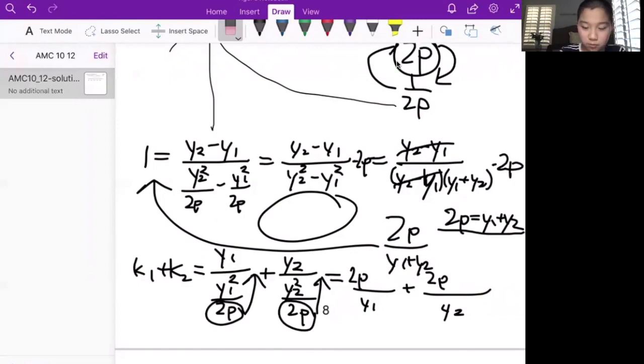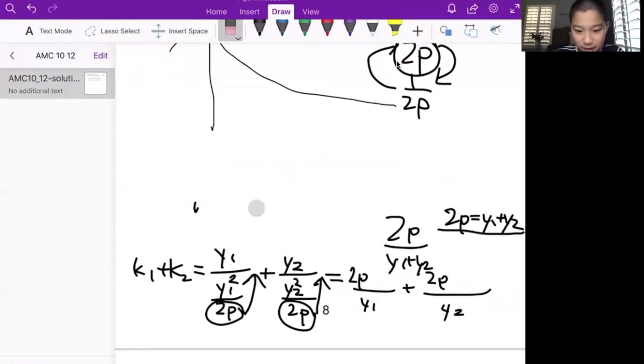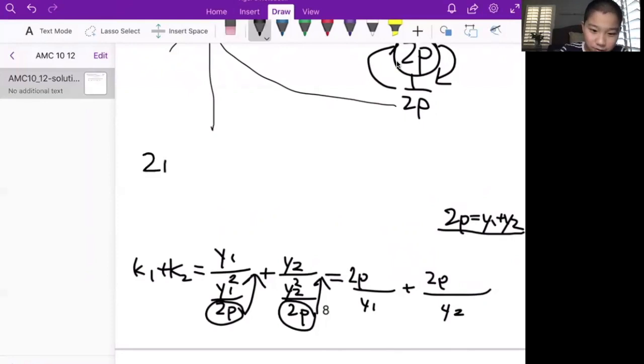So that's equal to, let's clear all of this and just keep the final result of that equation. That would be equal to, if you add up the fractions, 2p times y1 plus y2 over y1 y2.